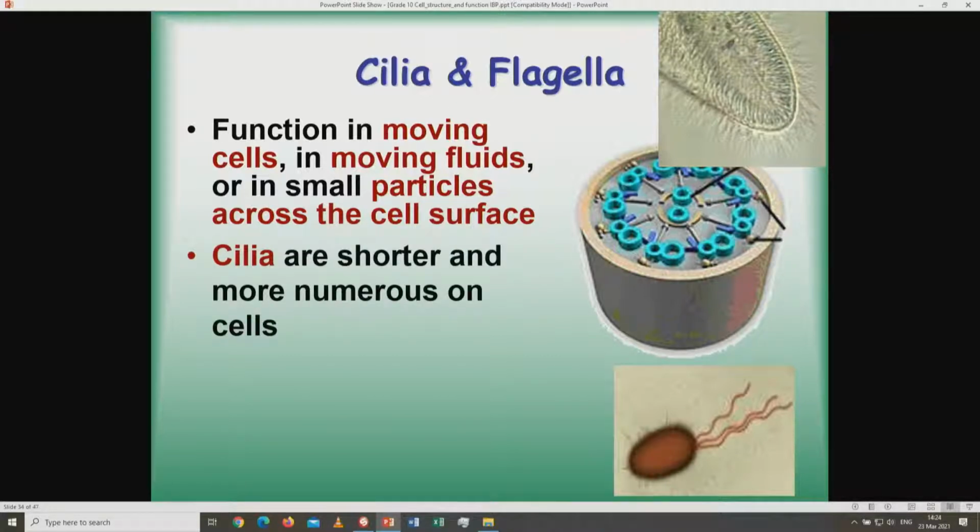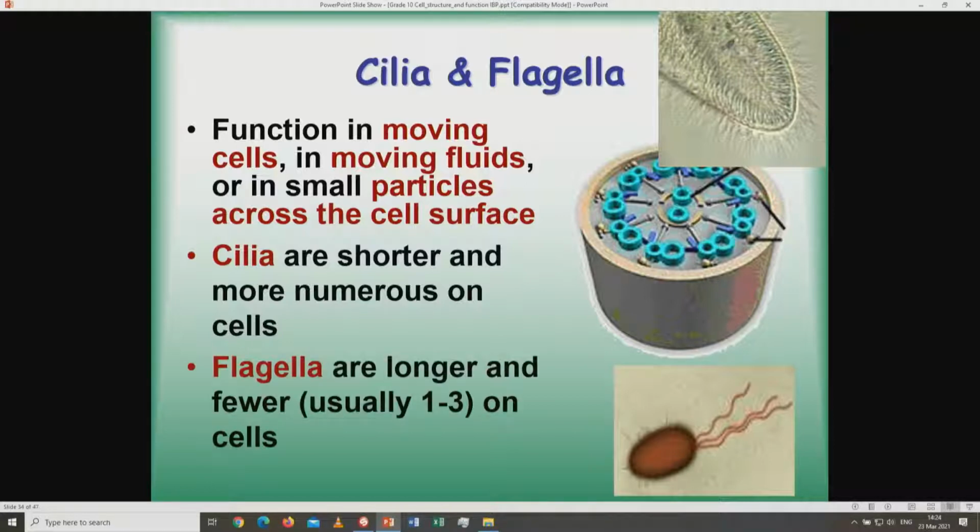The cilia are shorter and more numerous on cells than the flagella, and the flagella are longer and fewer on cells. They are the tail at the back, basically, which helps the cell, and there around you can see the cilia on the cell.